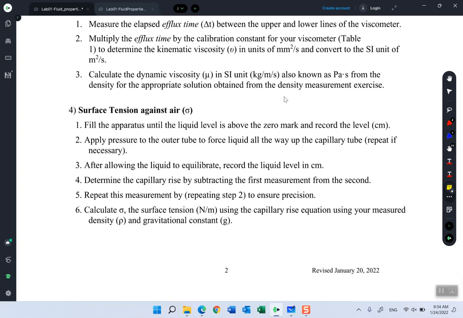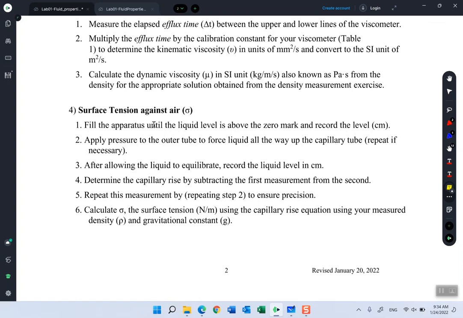Great, so what we are going to do in the fourth experiment is fill the apparatus to a certain level. By the apparatus, I mean this surface tensiometer here. It's already filled to a certain level, and there is a very thin straw inserted, and this straw has a ruler behind it.